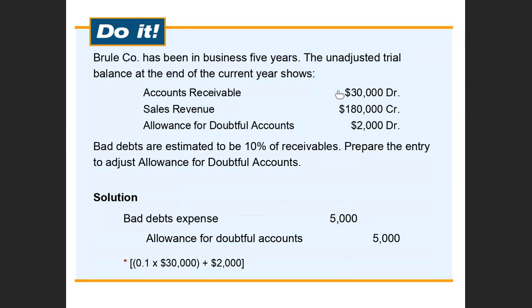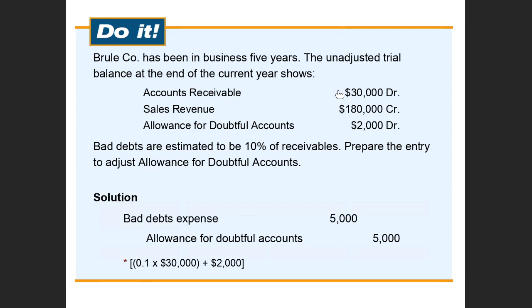What is the normal balance of the allowance account? What is the normal balance of accounts receivable? Normal balance of accounts receivable is debit, right? Which means the normal balance of allowance should be debit, right?